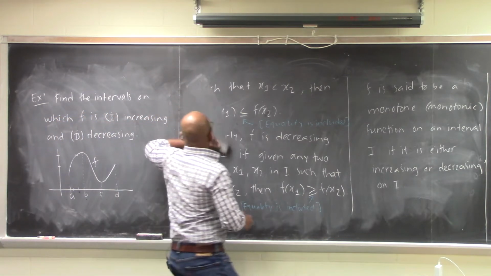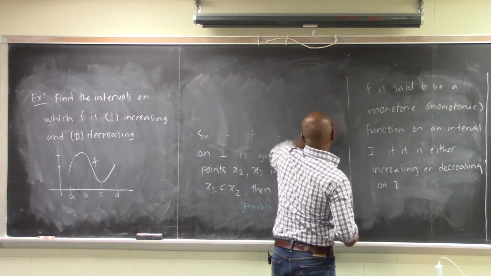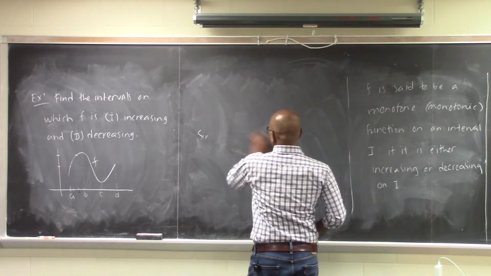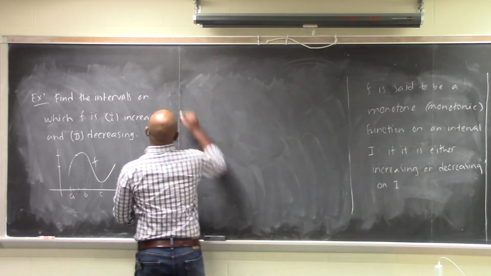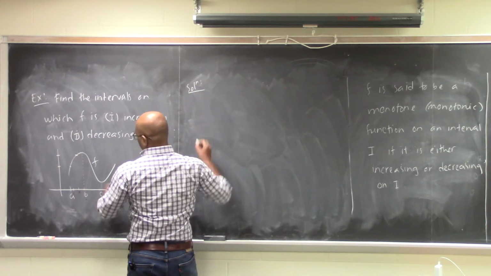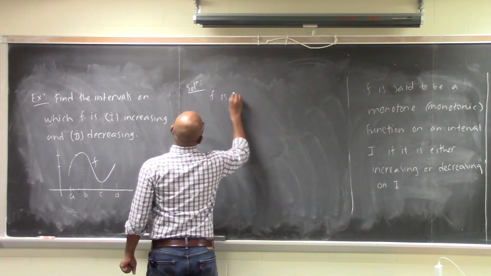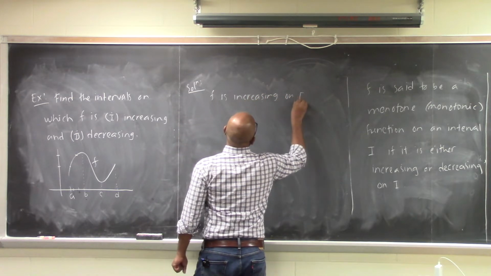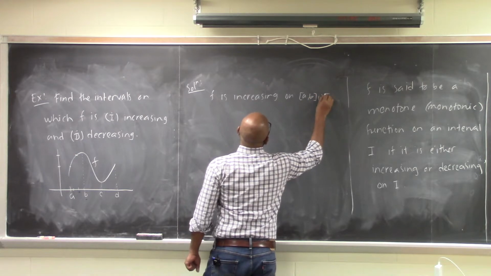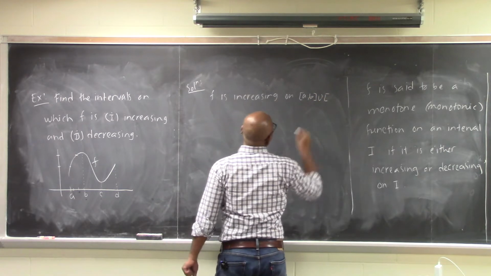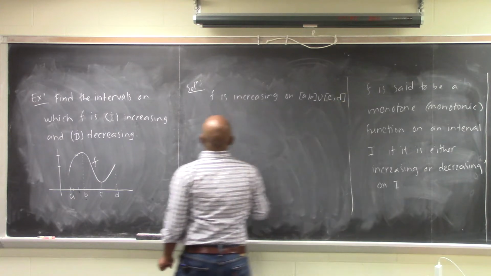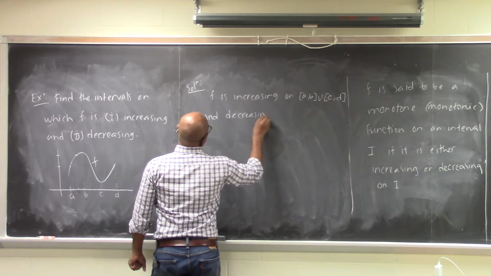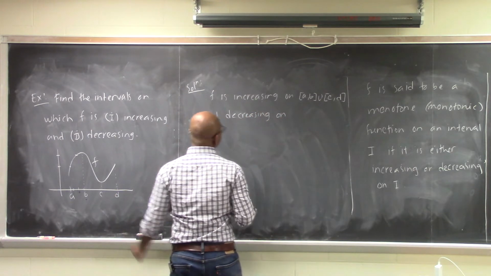Okay, so from the graph we can say, solution: f is increasing on A to B union C to D, and decreasing on B to C.